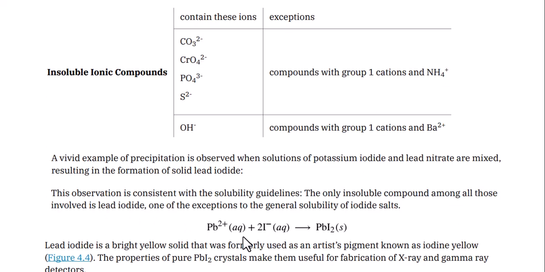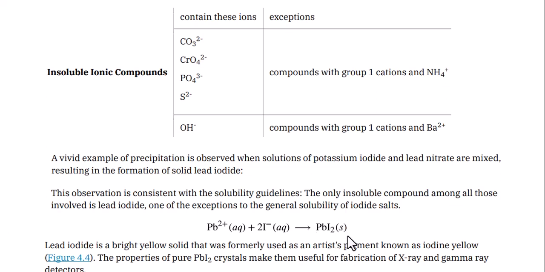And what does that tell us? If they say the only insoluble compound among all of those involved is lead iodide, the concentration of lead iodide is less than the concentration of the solvent where it needs to be dissolved inside of, and as a result of that, it will not form any cations.